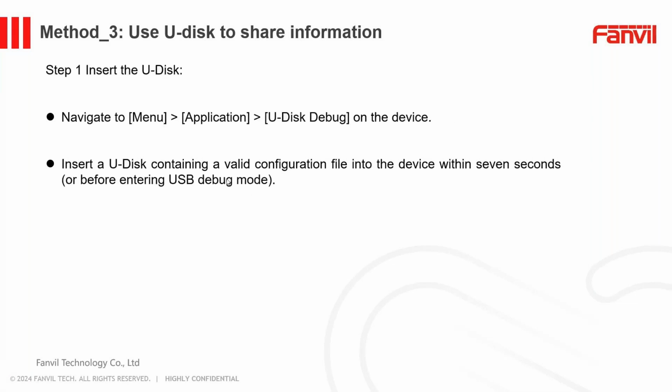Here are the steps. You need to navigate to menu, application, UDisk on the device, and then insert the UDisk containing the valid configuration file that I will show you afterwards, within 7 seconds before entering the debug mode.